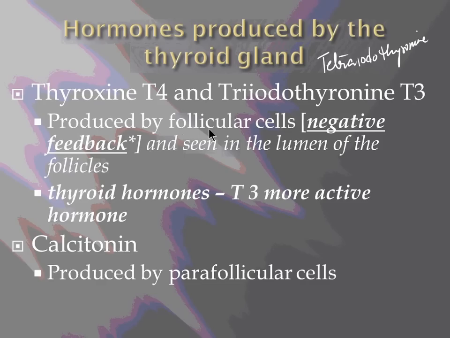These are produced by the follicular cells of the thyroid gland, and we'll see a picture soon. So if you look at a histological picture of the thyroid gland, it has these round structures which are known as follicles. These follicles are lined by cells which are known as follicular cells.